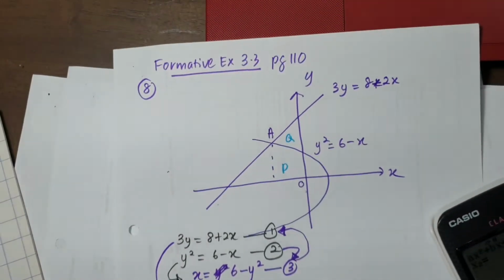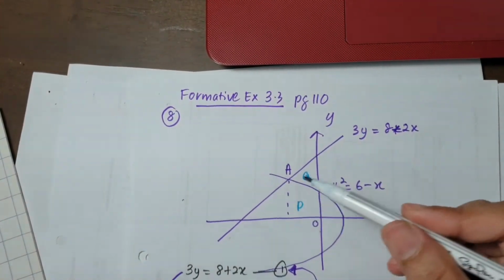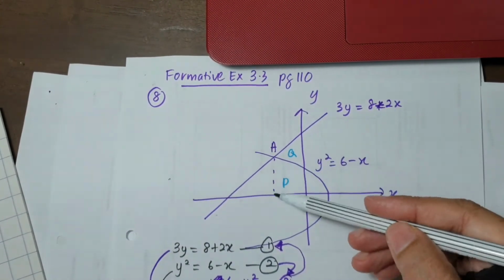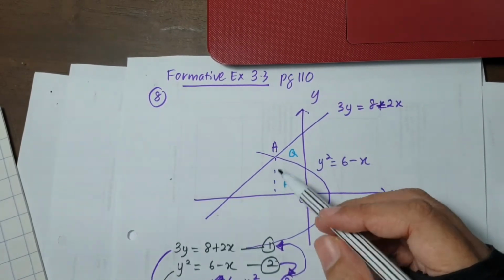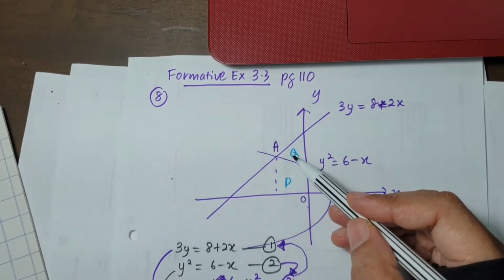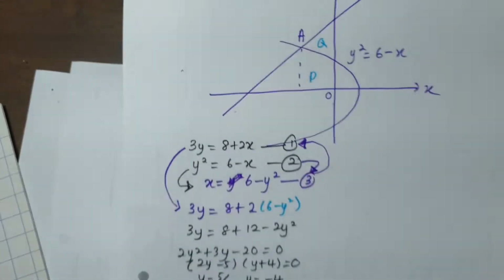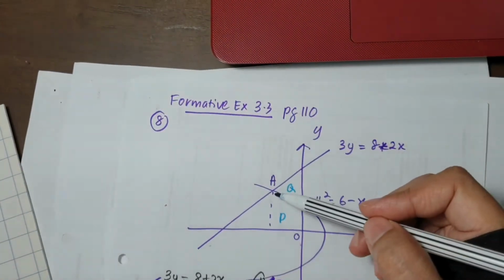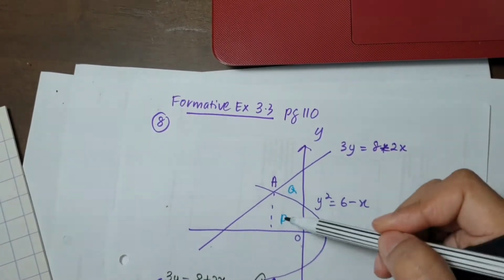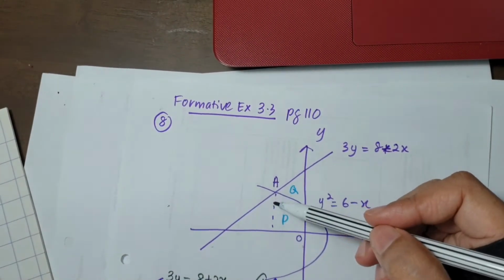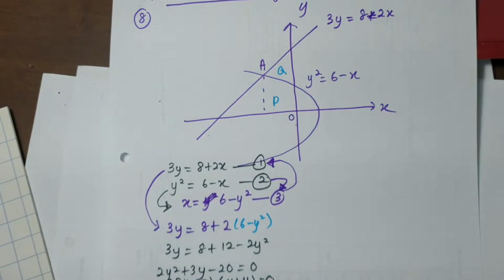Since the point A is on the left side of the graph and above the x-axis, the y coordinate is a positive value, so of course y is 5 over 2.